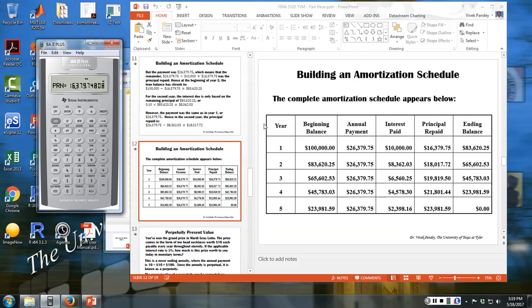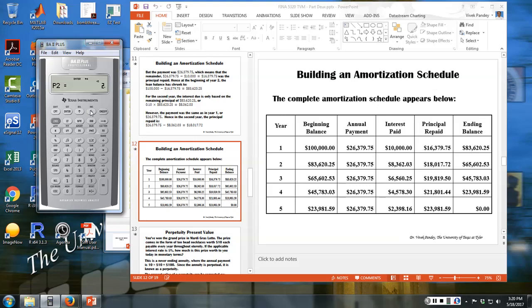Down arrow, principal that's repaid, 16,379.75. Then interest, of course, was 10,000 that first year. Now, if I want to look at the second row, P1 equals 2, enter, and P2 equals 2, enter, because I'm only looking at row 2.